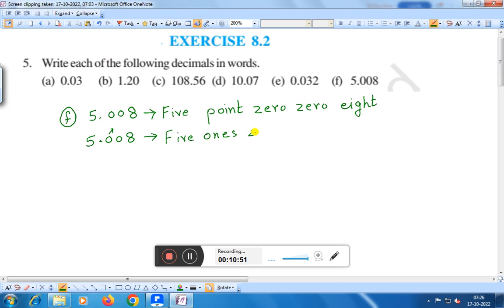5 ones, 0 tenth, 0 hundredth, 8 thousandths.